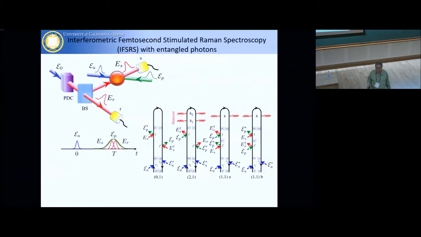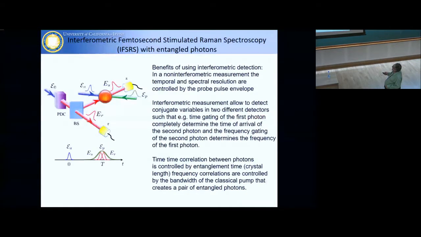If I do the experiment with classical light, I just see the sum of all of this, and I cannot separate them. But by doing this coincident counting, I can separate these events and basically dissect the process into the different possibilities. So the idea is you do photon counting in coincidence, where one is a reference, the other does whatever you do. In ghost imaging, you use it to do imaging. Here we use it to do a Raman process, and then you can get the signal.